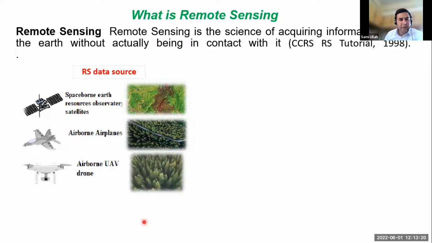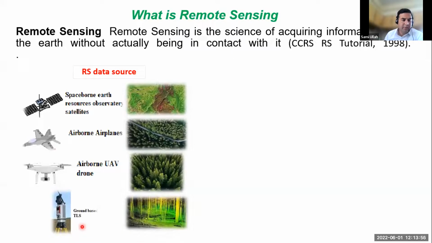We also have airborne UAV drones. For example, different cameras, which we call sensors, can be fixed on a UAV drone, and this drone can fly over a specific area of interest. The images captured by UAV drones can be processed via different GIS software, and after that we get a variety of information for different applications in the field of sciences. We also have ground-based remote sensing.